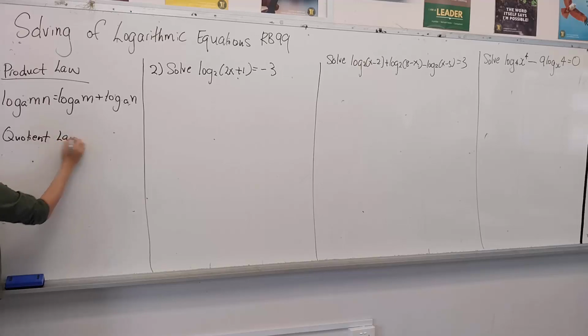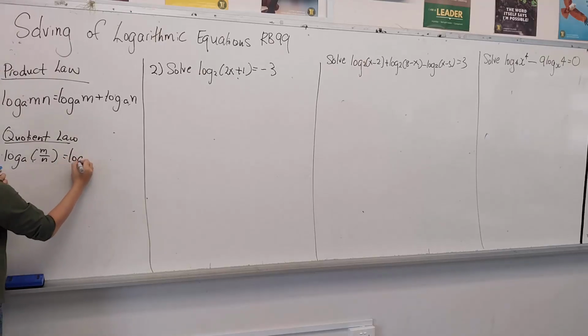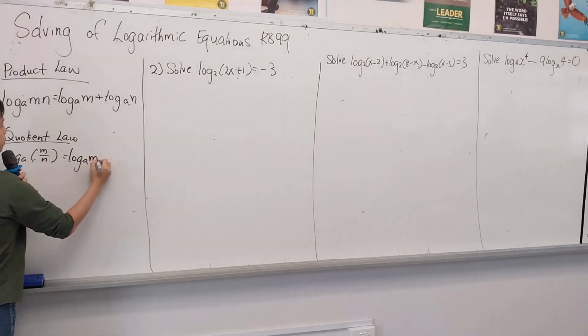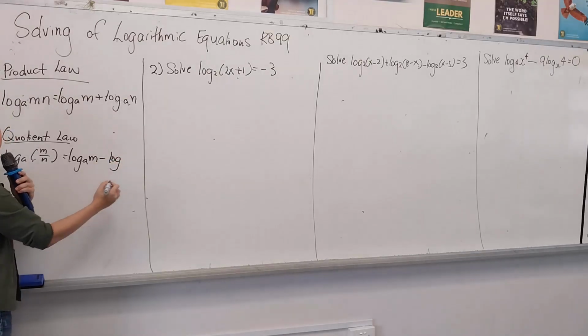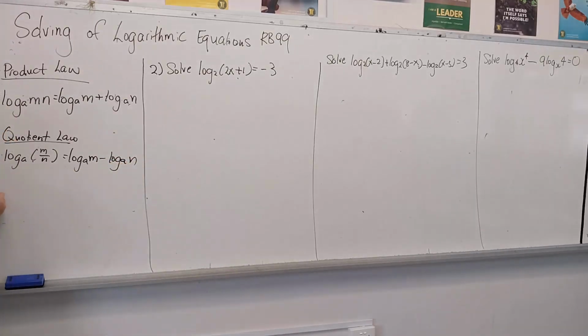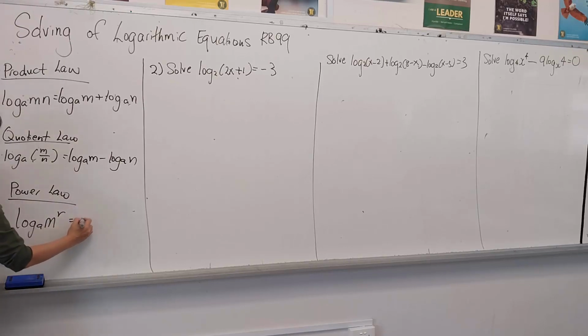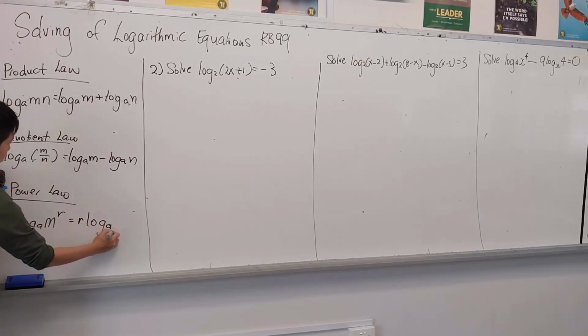The quotient law states that if I have log base a m over n, we will have log base a m minus log base a n. Okay, and the last one is the power law. After a while, you do not need to write down the power law because it will be very obvious. Log base a m power r, what will we get? r log m to the base of a.